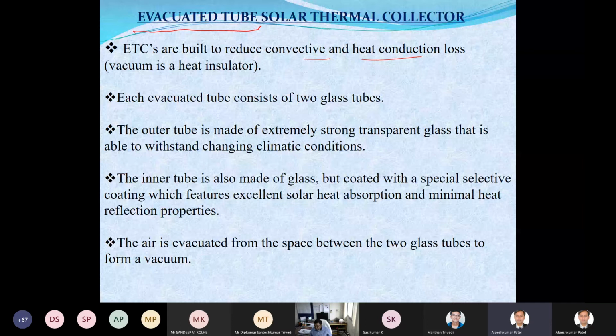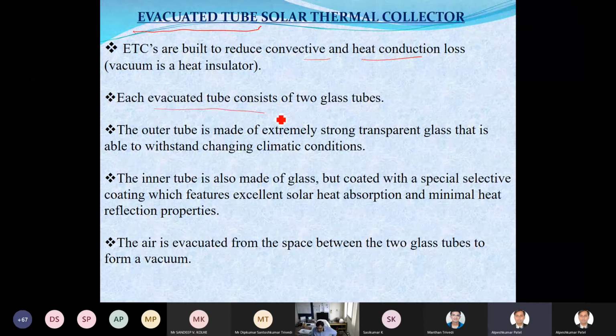How to enhance this further, work is still going on. In the case of liquid I'm not talking about it, but in the case of air heaters, a lot of work is going on because the heat transfer capability of air is much lower. So how can we enhance it effectively? People are working on the solar air heater.